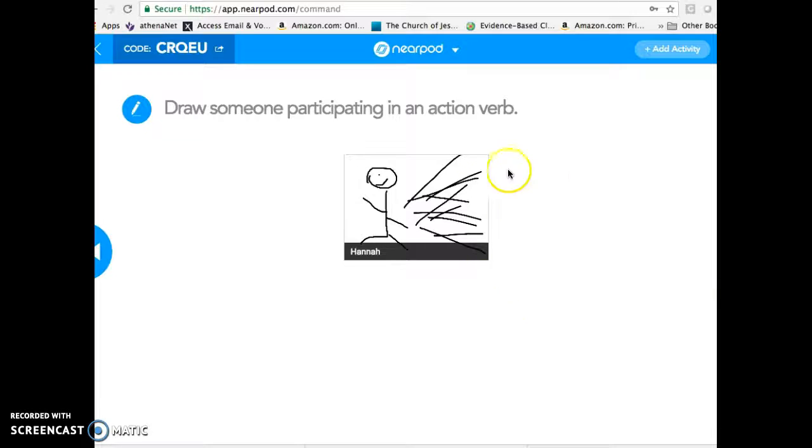And it looks like we got a picture of someone running. Great, that is an action verb.